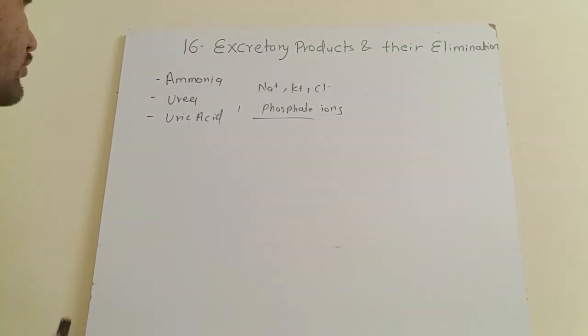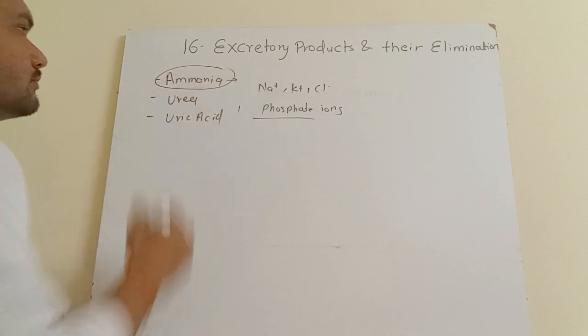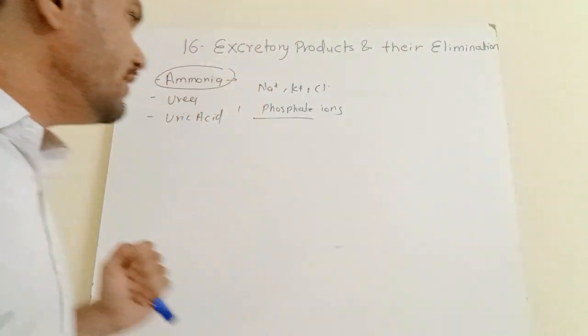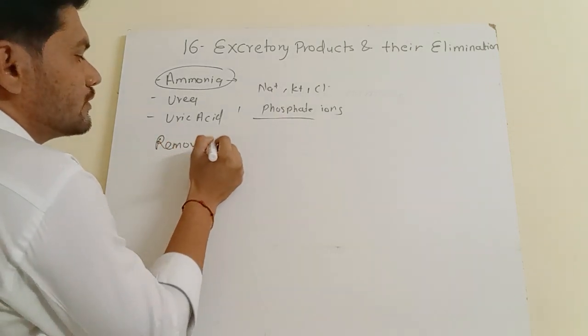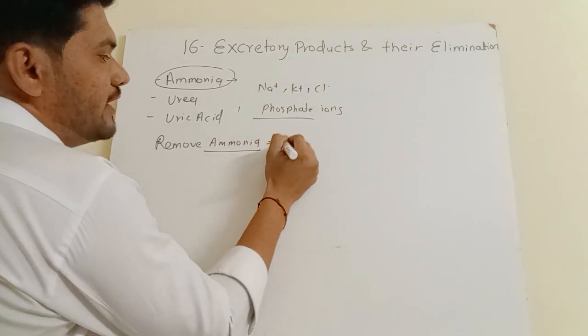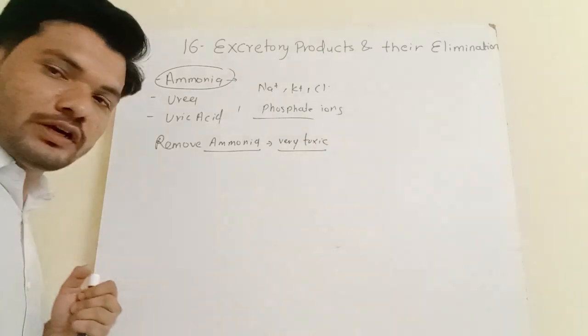First of all, I will tell you about the removal of ammonia. Friends, many organisms remove ammonia directly, and ammonia is very toxic in nature and also very less water soluble.